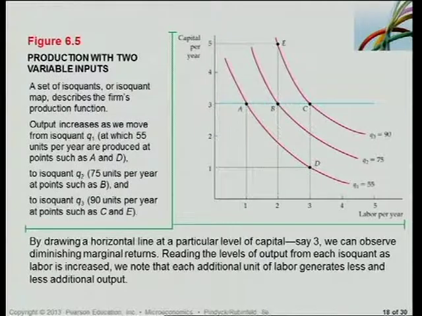Okay. So that is the purpose of drawing that horizontal line, and we say capital is fixed, and if we increase labor all the time by 1 additional unit, the additional output will decline.